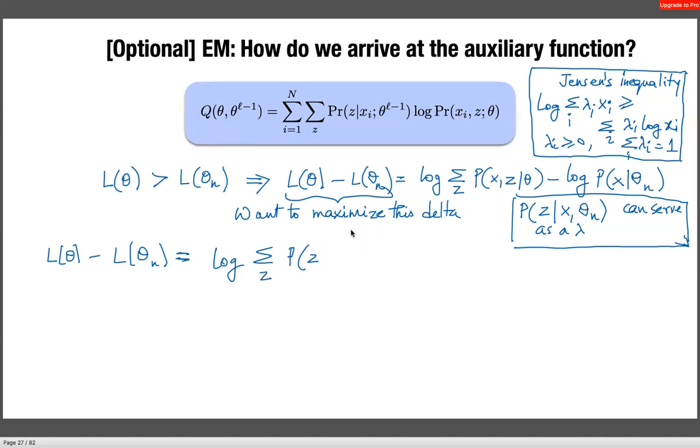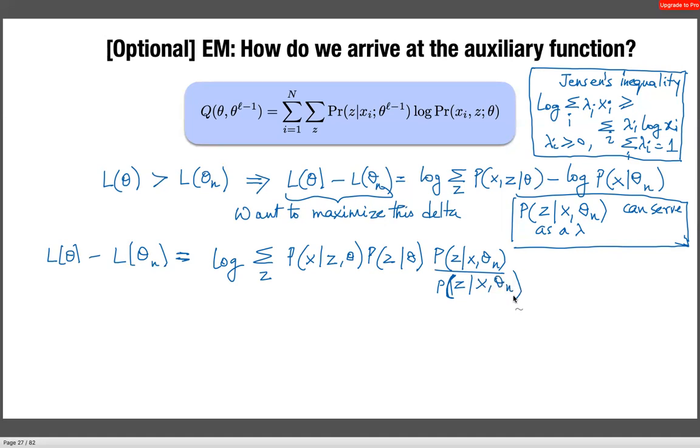I'm going to write this as probability of x given z, times probability of z, right? So that's the joint. And now I'm going to multiply and divide by this quantity which I've determined can serve as a lambda type constant.